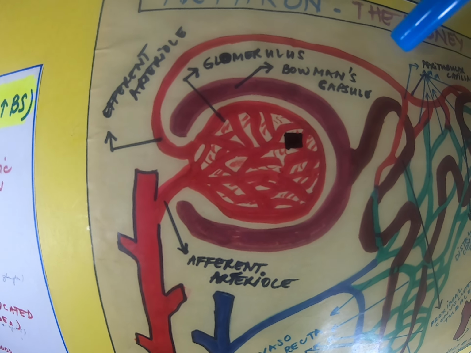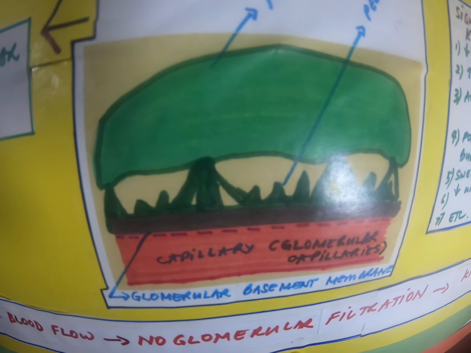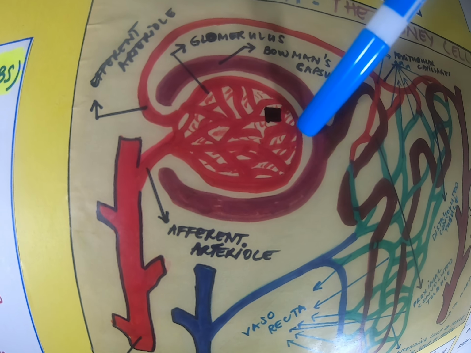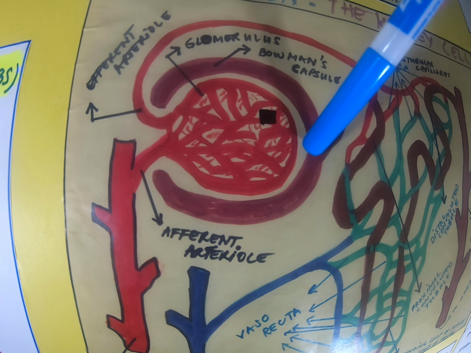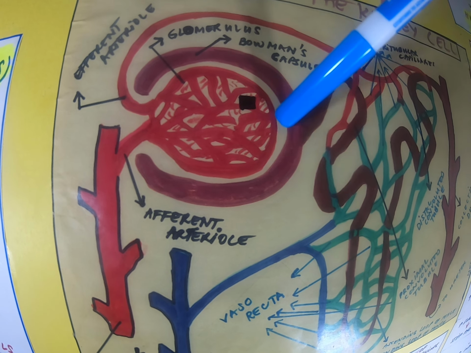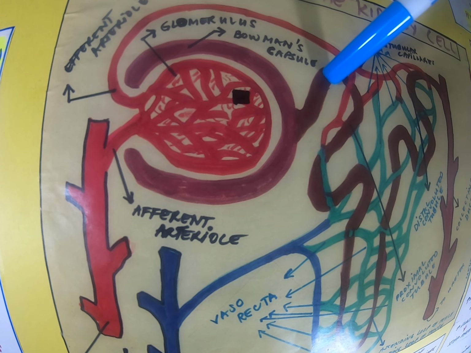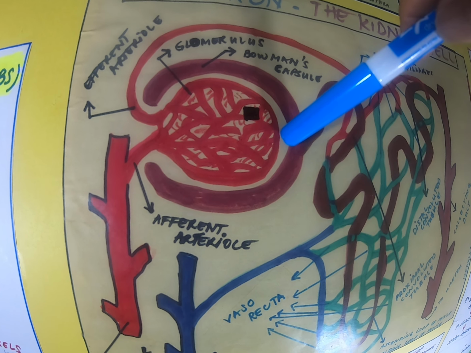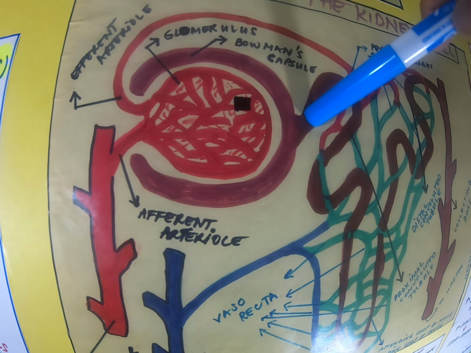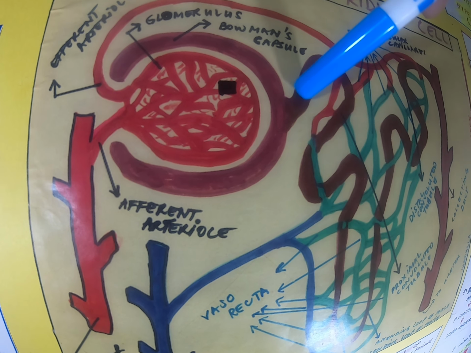Now, what's going to happen to these fine particles as they exit the capillary filters? They will all pass through here and be in the Bowman's space. This is the start of urine formation. The elements found here, ready to be delivered to the proximal convoluted tubule, are water, electrolytes, glucose, amino acids, toxins, and other things.